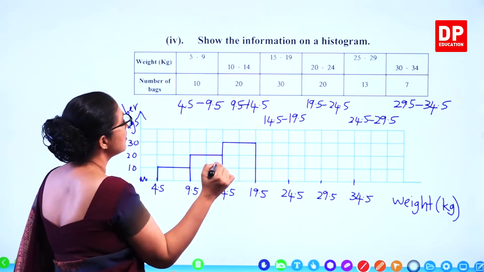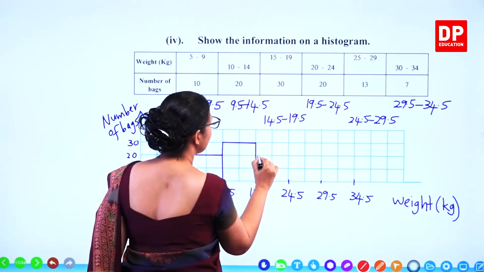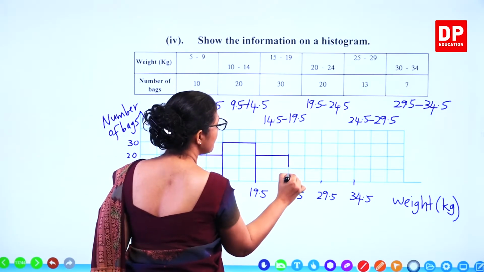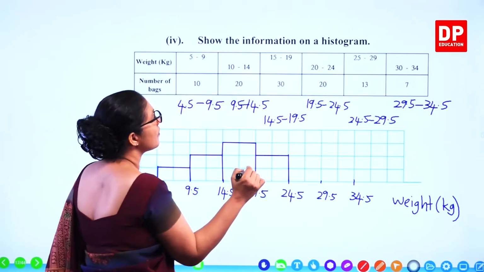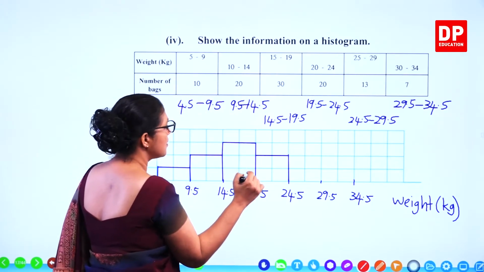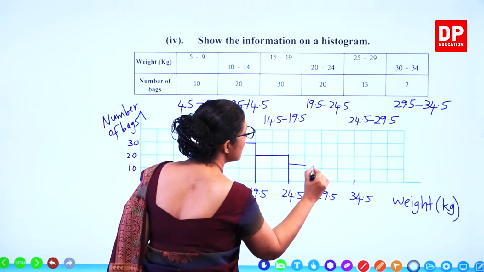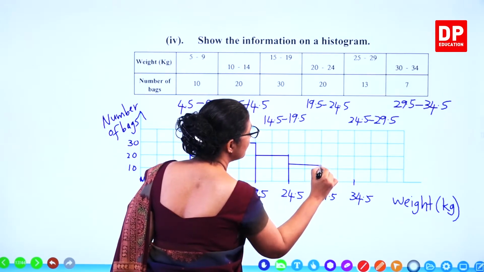The next one, 20. 13, so 13 is roughly this much.